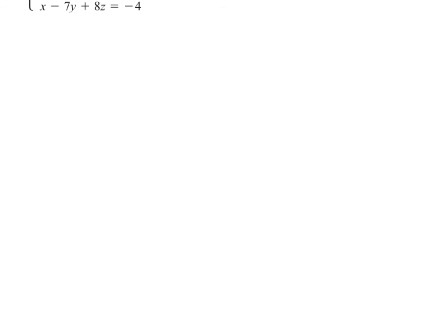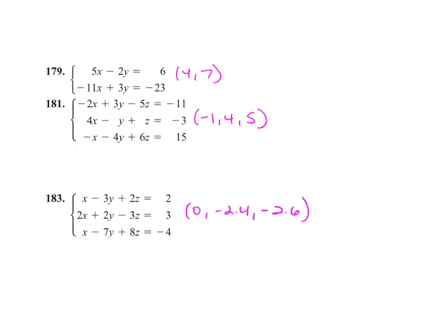All right, everybody is going to go to their settings right now and check. One more 2x2: the 179 is 47, 181 is your 3 variable, -145, and 183. This one had decimals in it. I don't think it's that big of a deal to have a decimal, but I didn't give you any for tomorrow.